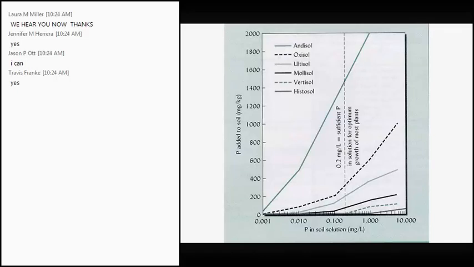So what are these individual orders? Well, the andesol is a soil that's derived from volcanic materials. So any place where you've got volcanic activity, or had volcanic activity at some time, those are going to be andesols. Oxisols are the most highly weathered soils that we have in the world, and we're going to find those in the tropical rainforest.